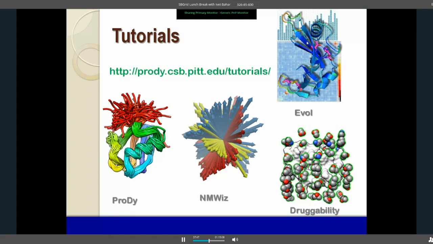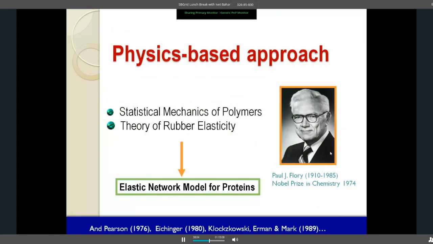And the sequence correlation coevolution patterns can be compared to structural correlations. So ProDy provides this type of comparisons. And another module helps perform druggability simulations. So it has really many different aspects.